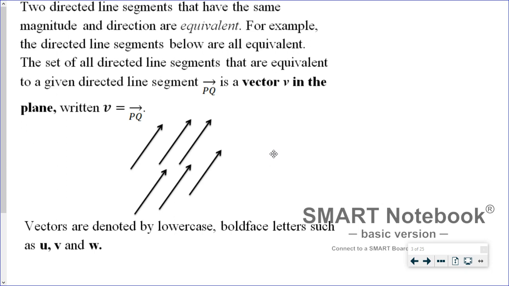So it doesn't matter where they are, they're still considered equivalent. And we often denote vectors by boldface lowercase letters, often u, v, w, and so on. Those are the most commonly used names for vectors.